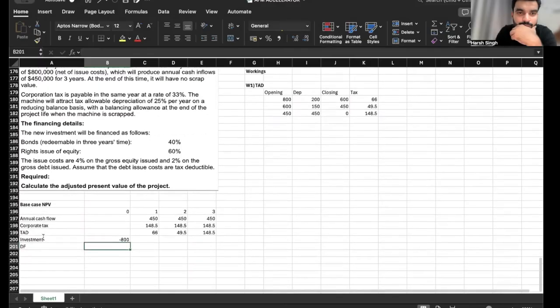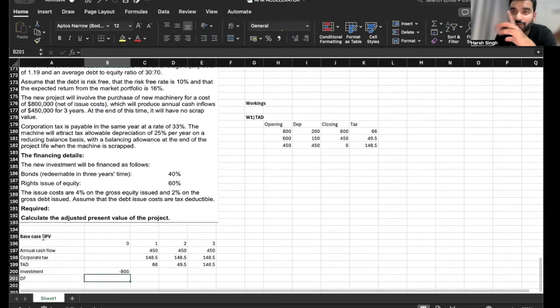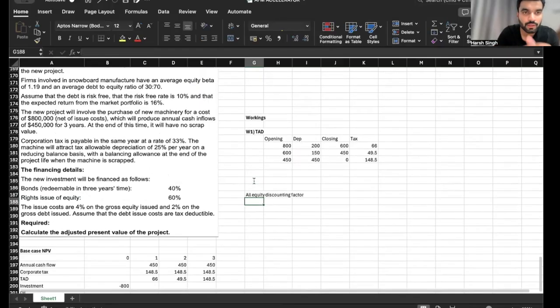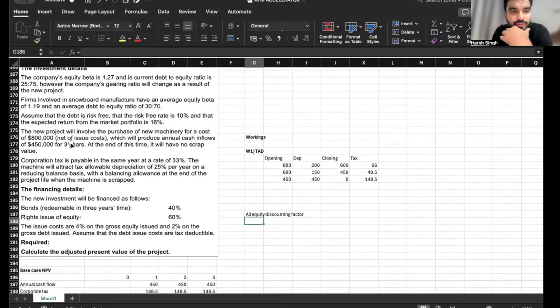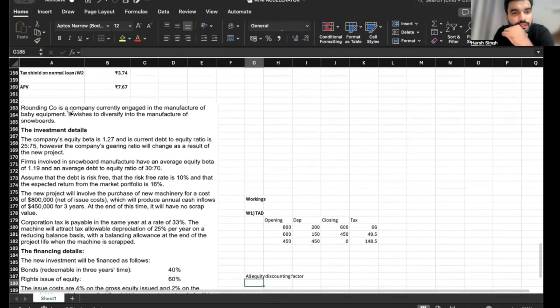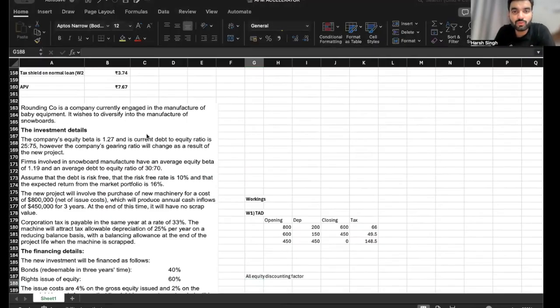Now, discounting factor. For base case NPV, if you remember everyone, we have to consider what value? The all equity financed discounting factor. So now, if you notice, everyone, the new project we are planning: we are right now into the manufacture of baby equipment, and we are planning to enter into snowboard manufacturing.